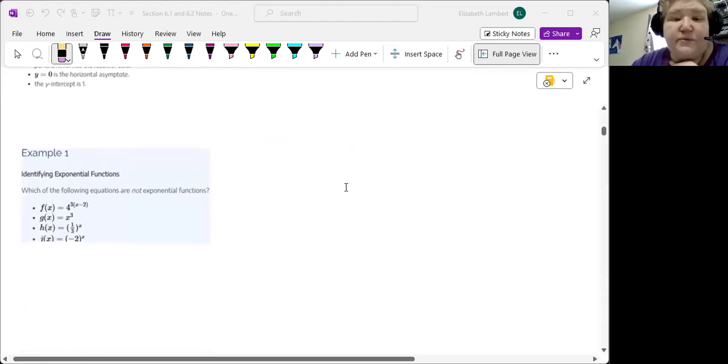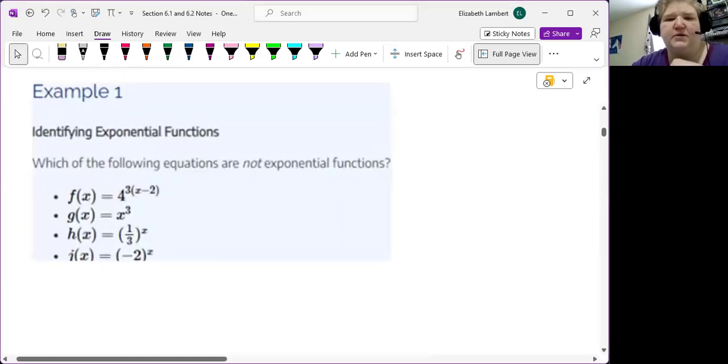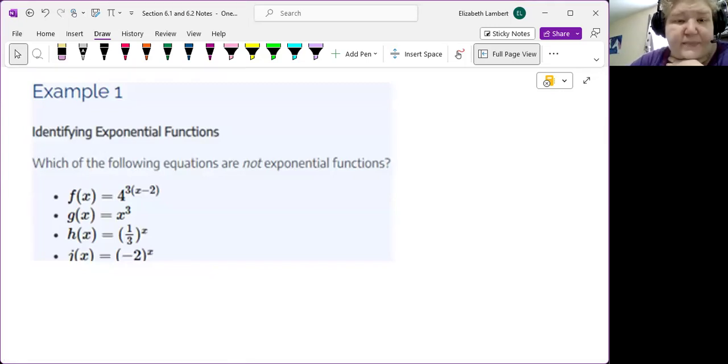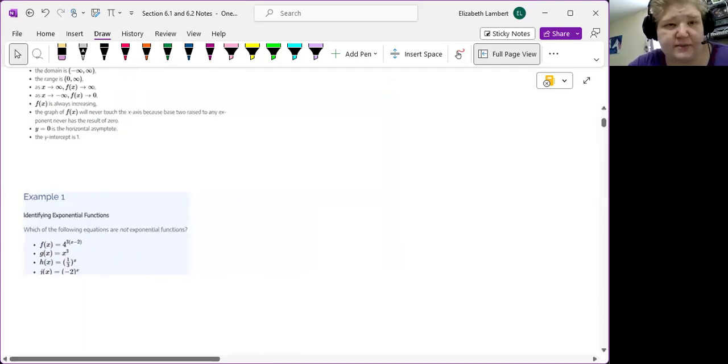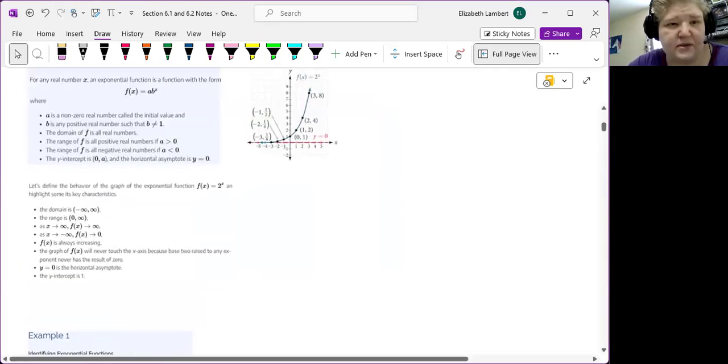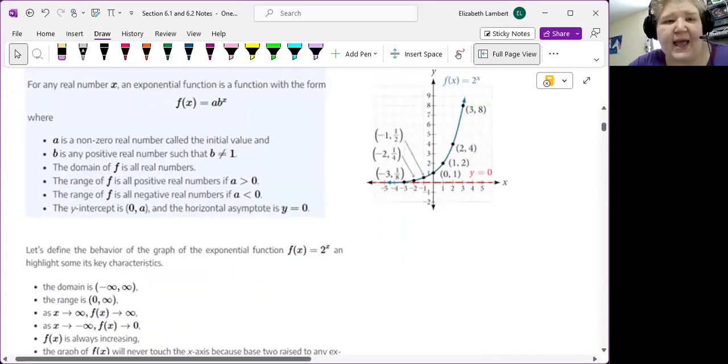All right, so we have here some functions which are not exponential. Okay, so exponential functions, let me rewind just a little bit. A is a non-zero real number.